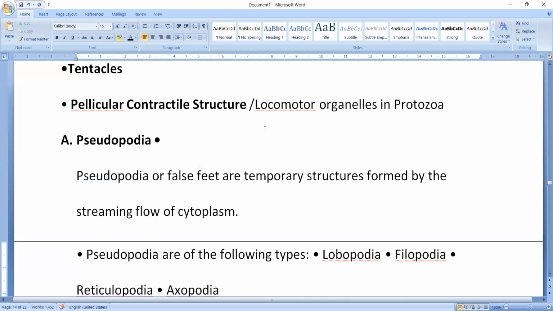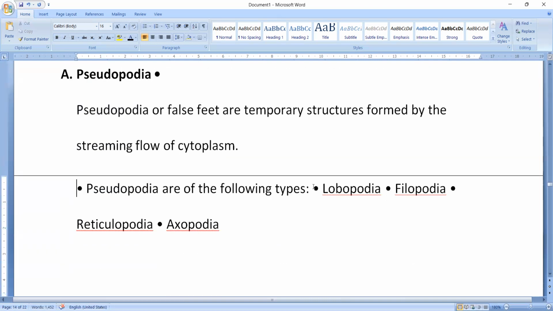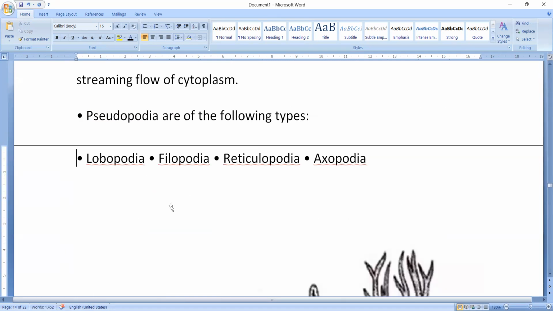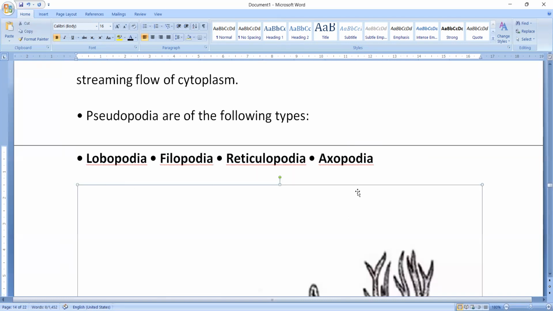Cytoplasm అనేది streaming flow లాగా ఉండడం వల్ల the pseudopodia are generally formed. Pseudopodia are of different types: lobopodia, filopodia, reticulopodia, and axopodia.